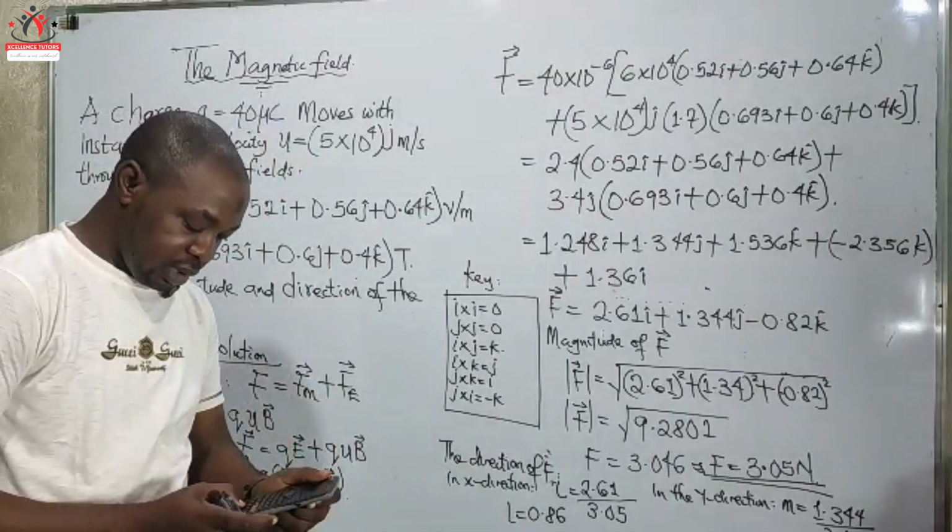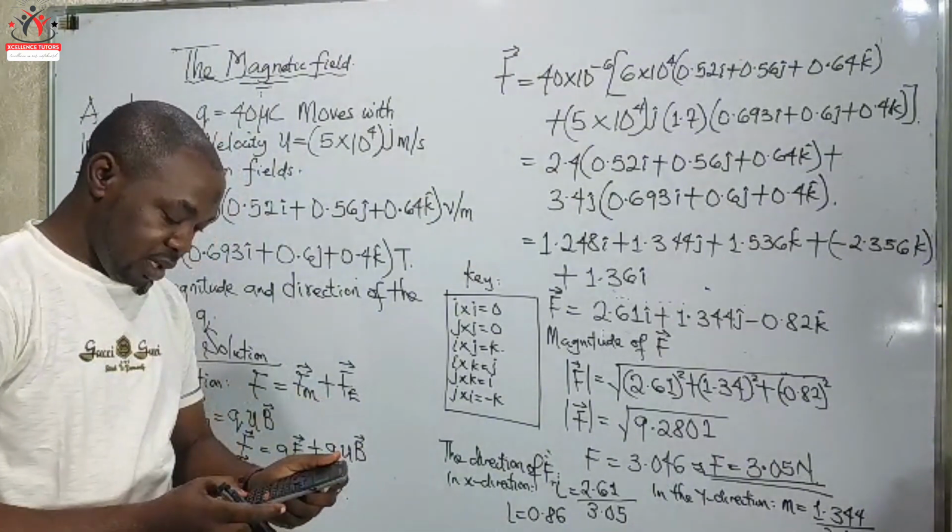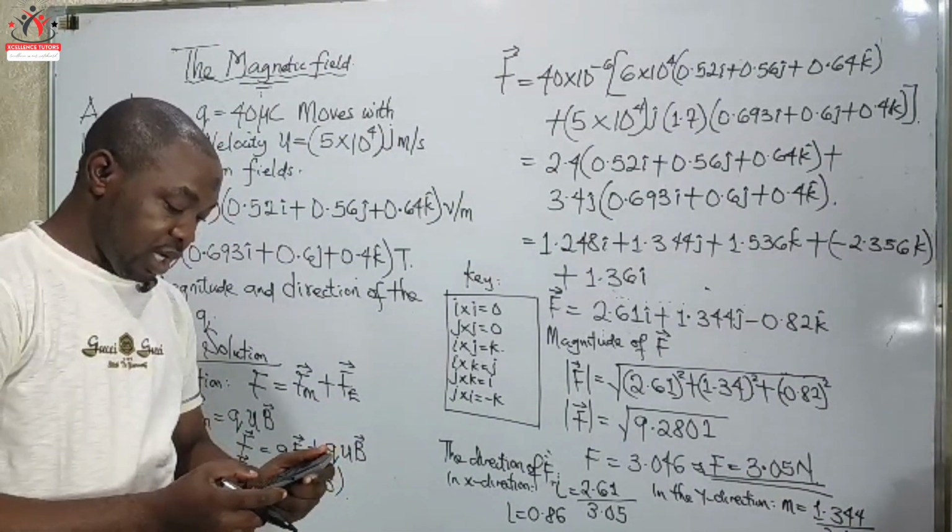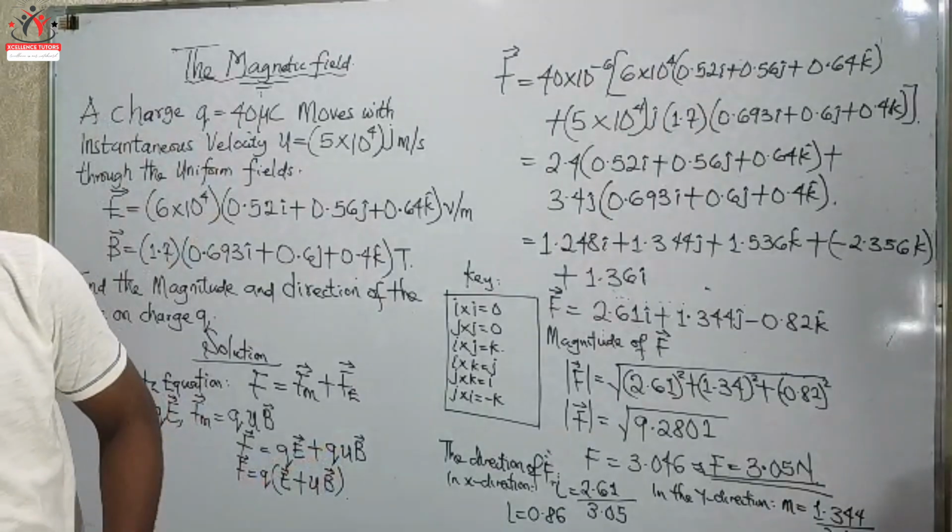Then 1.344 divided by 3.05 would be 0.441.